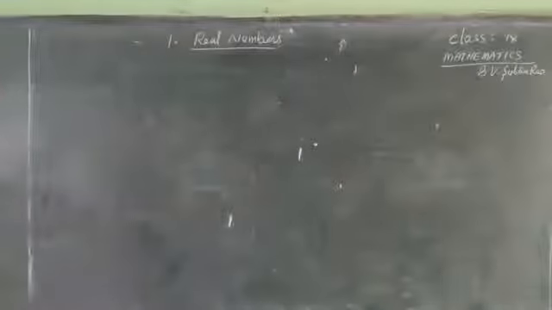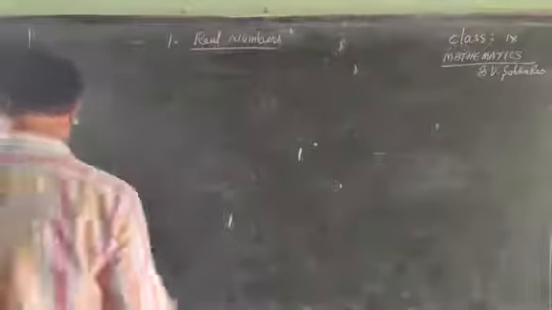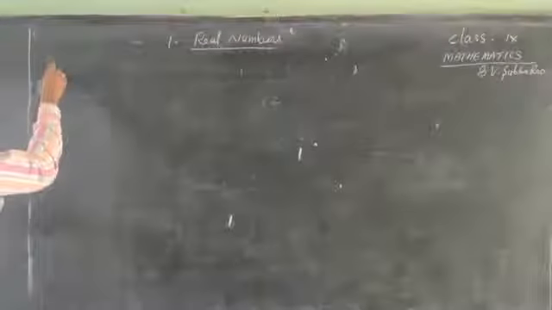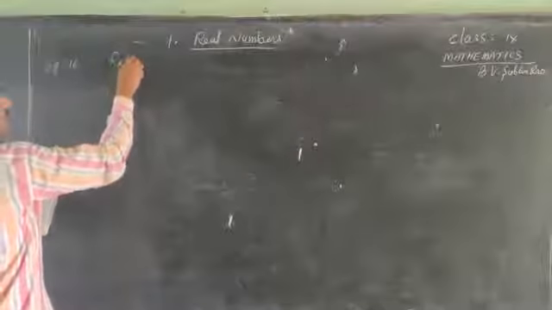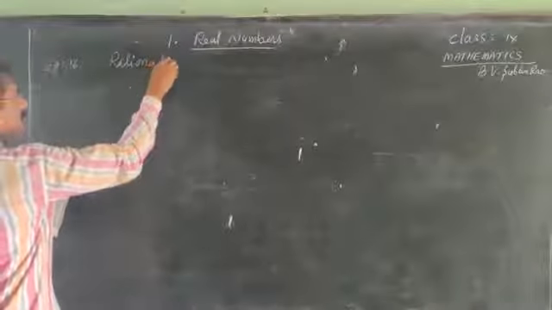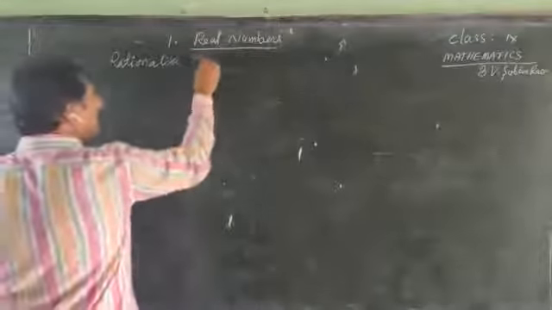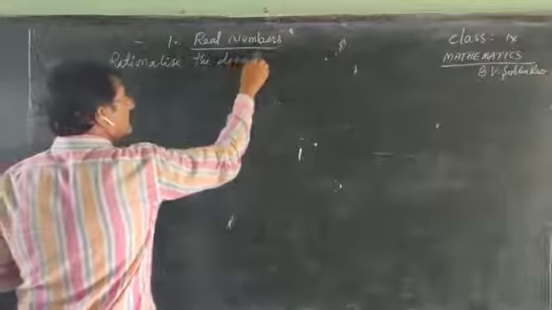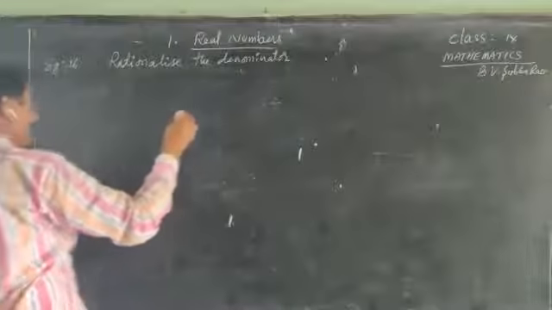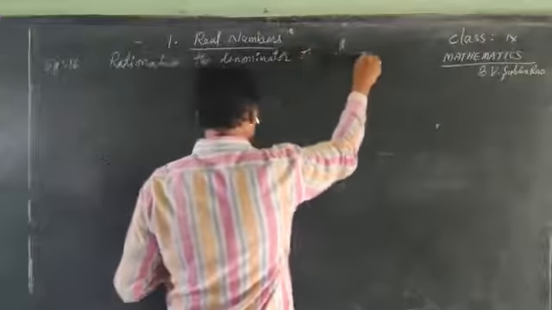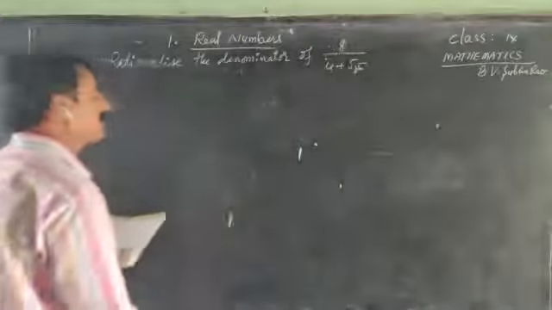Another topic, just observe this example. Here are given 3 examples. Example 16: rationalize the denominator of 1 by 4 plus root 5. Root is nothing but square root.